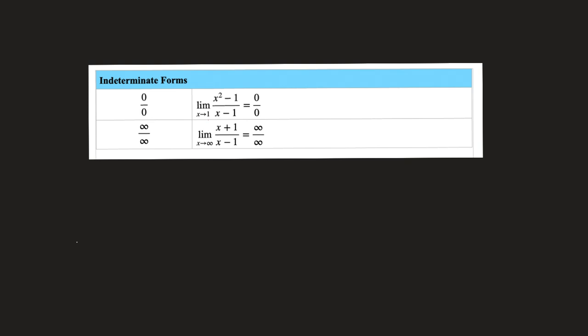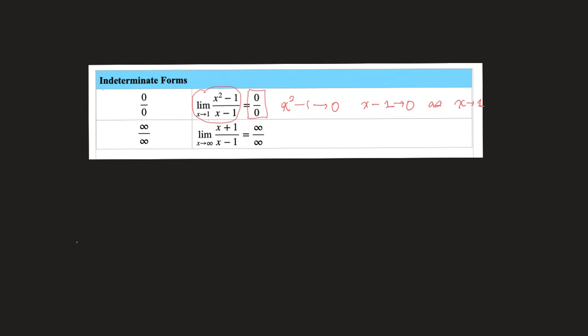As x approaches 1, x squared minus 1 goes to 0, and x minus 1 goes to 0. So with direct substitution, the numerator goes to 0 and the denominator goes to 0. We call this the indeterminate form 0 over 0.